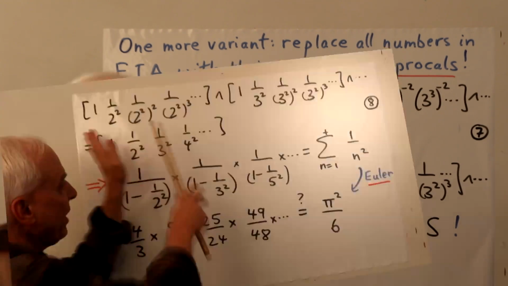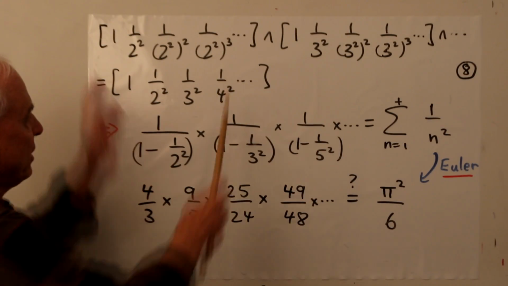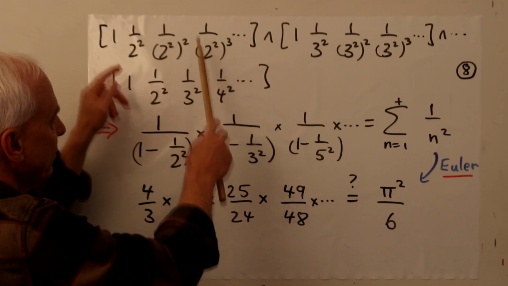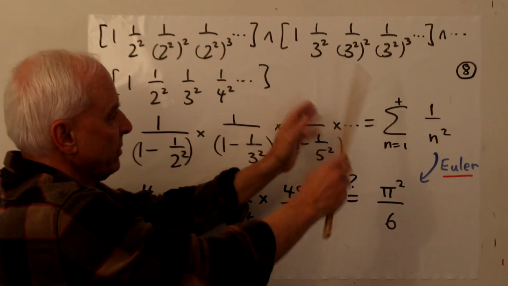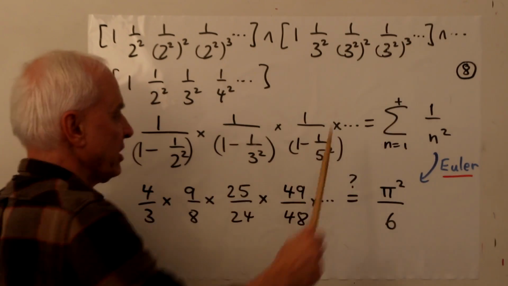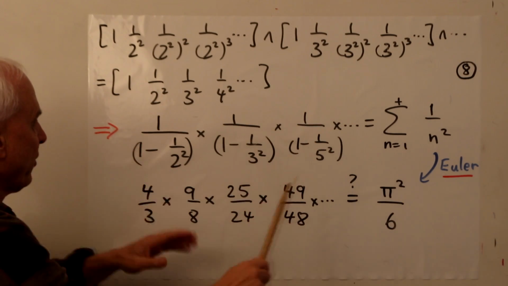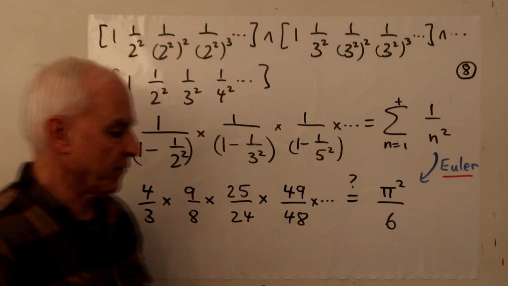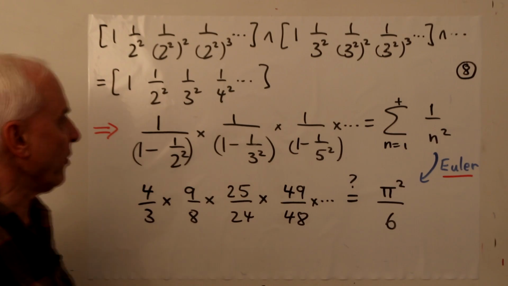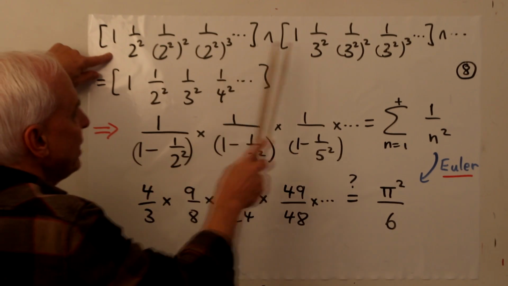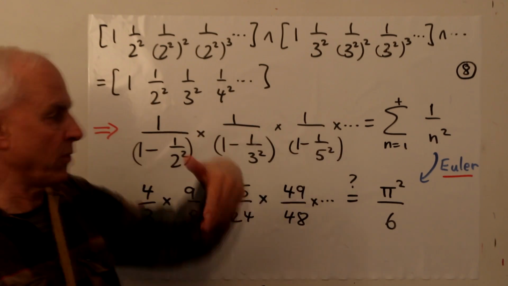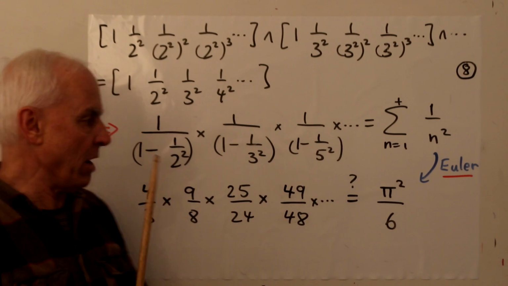So here I've copied what we've just obtained. Powers of 2, reciprocal squares, powers of 3, reciprocal squares, powers of 5, reciprocal squares, etc., all together, and here is the set of the reciprocal squares of the natural numbers. Each of these inside is a geometric series when we apply our S summation operator.